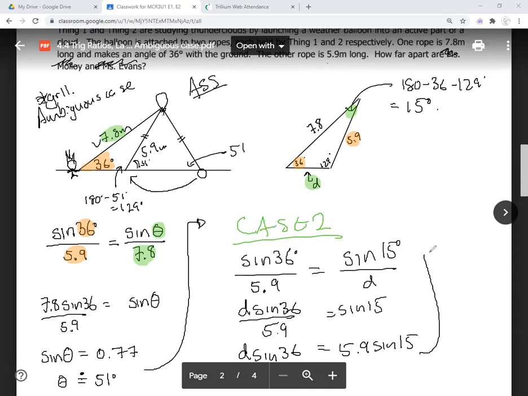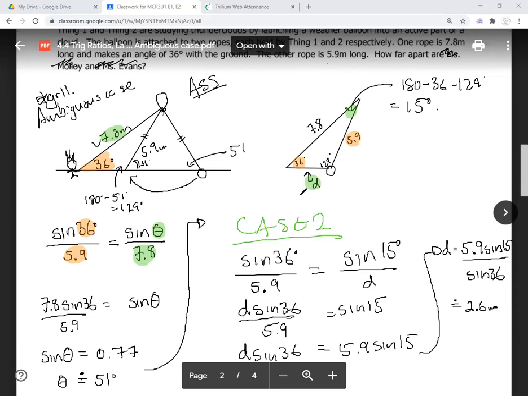And then lastly, I can get D all alone by dividing both sides by sine 36. 5.9 sine 15 divided by sine 36. You should get approximately 2.5979, approximately 2.6 meters.